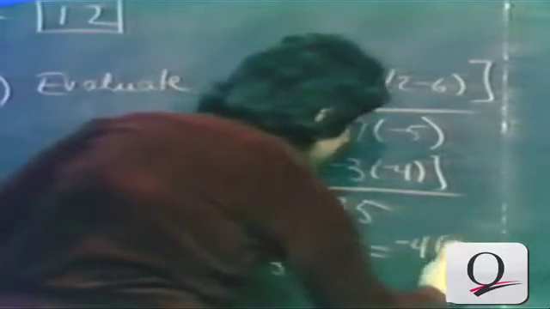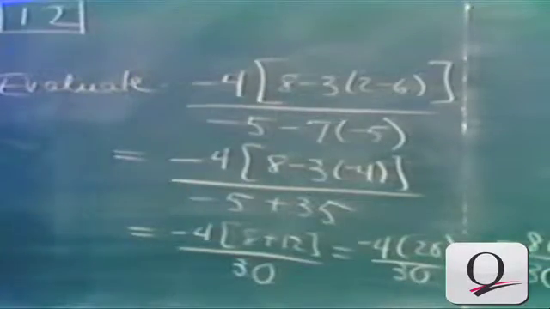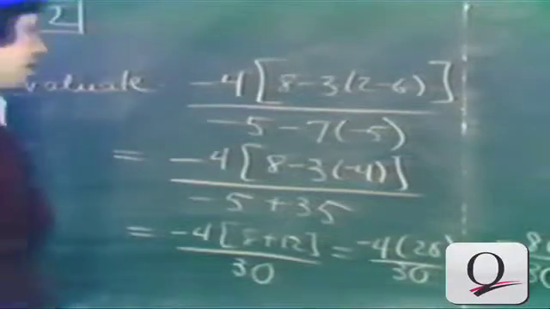So we have -4 times 20 over 30, minus 80 over 30. And of course we can divide numerator and denominator by 10, leaving us with minus 8/3.